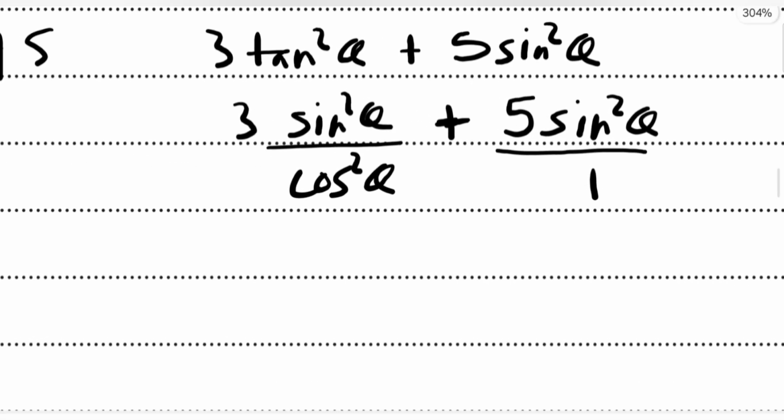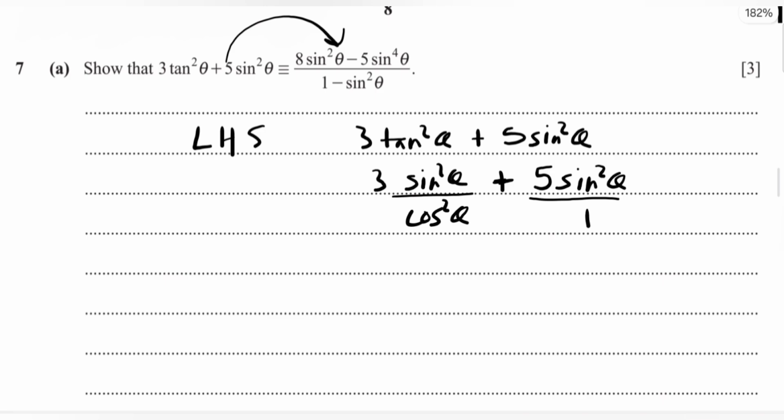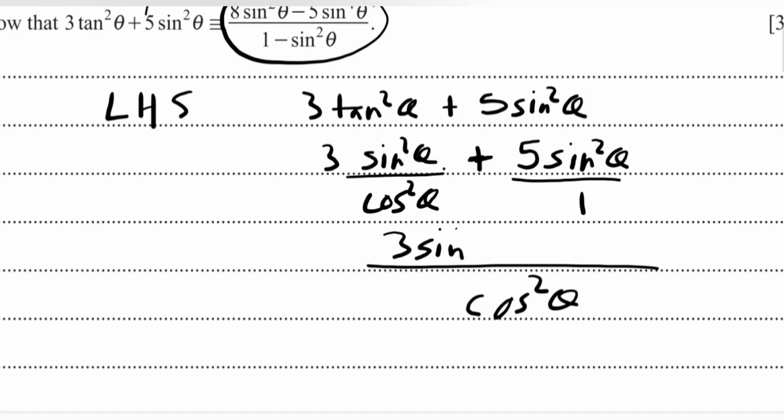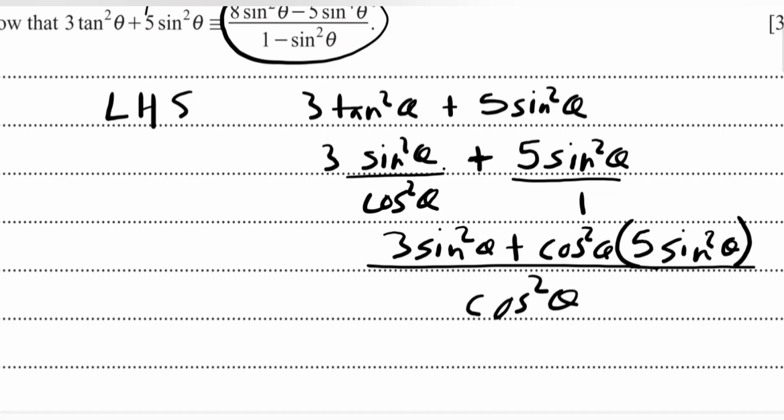So our common denominator for this, since we can see that on the right hand side we have one fraction, so to make this one fraction we need the common denominator, which is cos squared theta, right? So this will be 3 sine squared theta, but this will be cos squared theta, then 5 sine squared theta, like this, right?